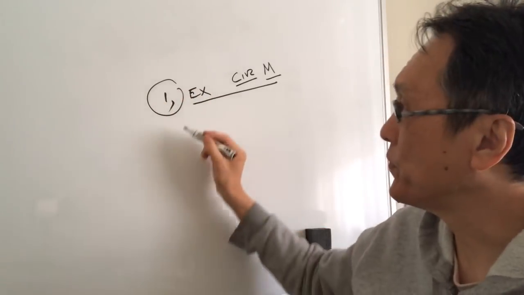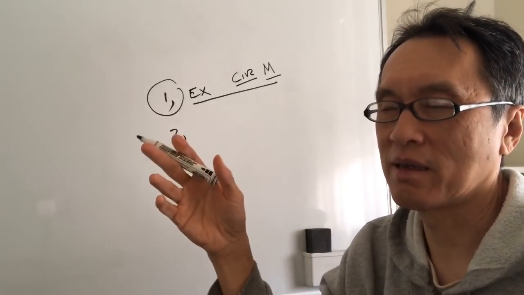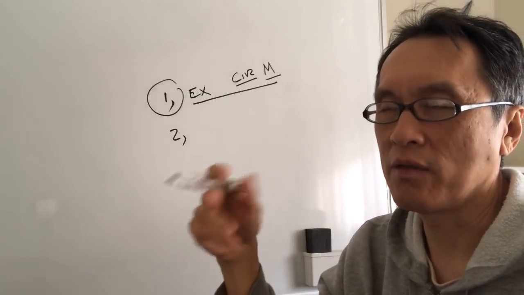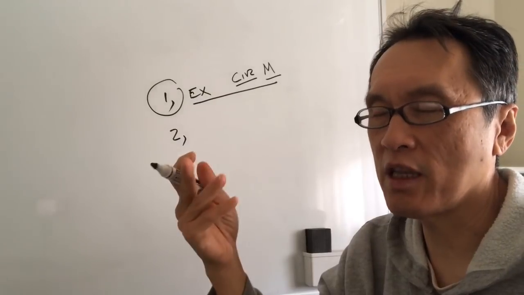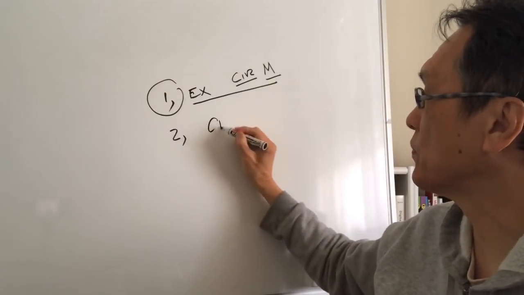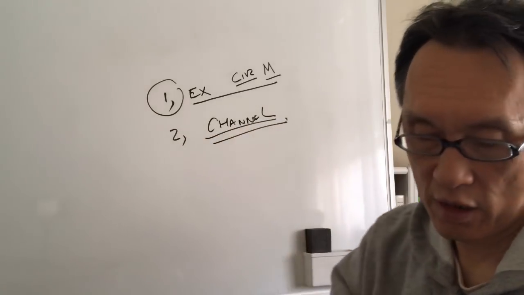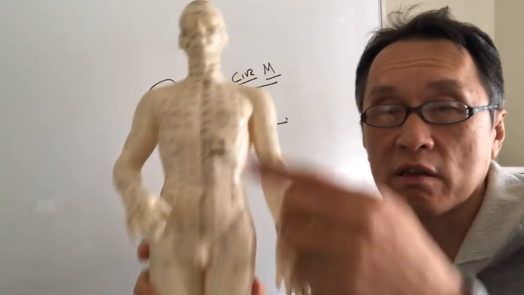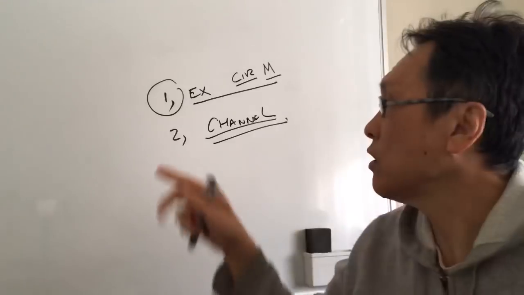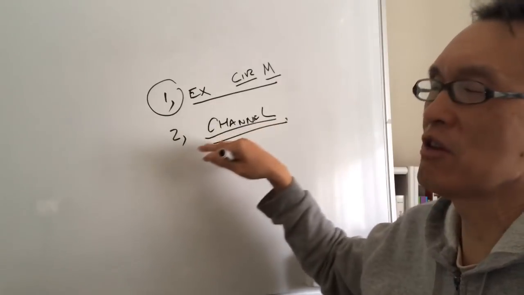The second type is the practice of the Qigong meditation involved in activating or supporting the channels. So what is the channel? The channel is the Chinese 12 proper channels. So the second type of practice is the practice which is supporting the channels.